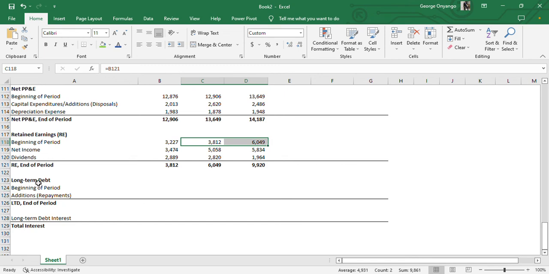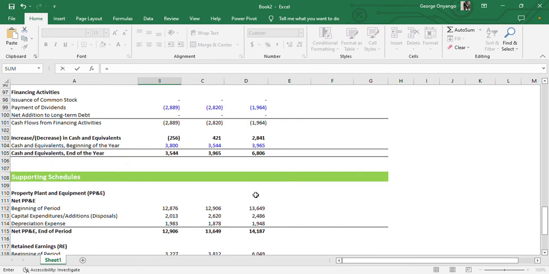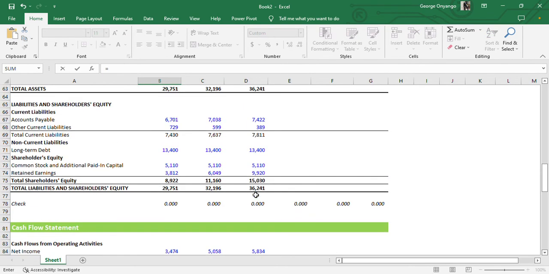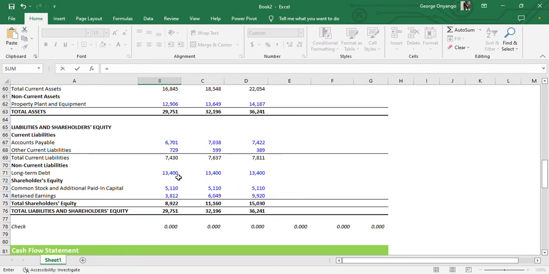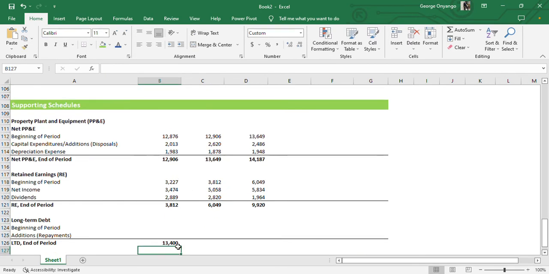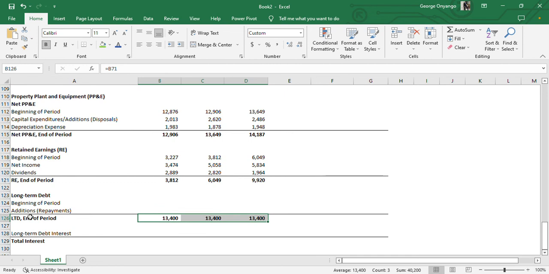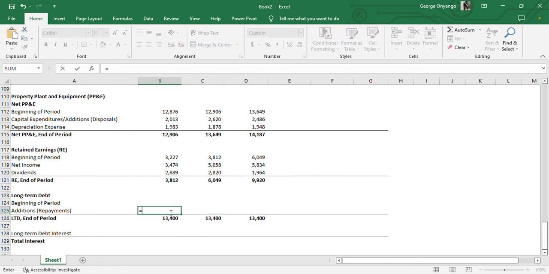Then we have the long-term debt. The long-term debt at the end of the period, we have that here. We take that from the balance sheet. We are going to fill that right. Then addition or repayment, we understood that this particular company did not add any debt, or they did not pay any principal, so it means that that is going to be 0.